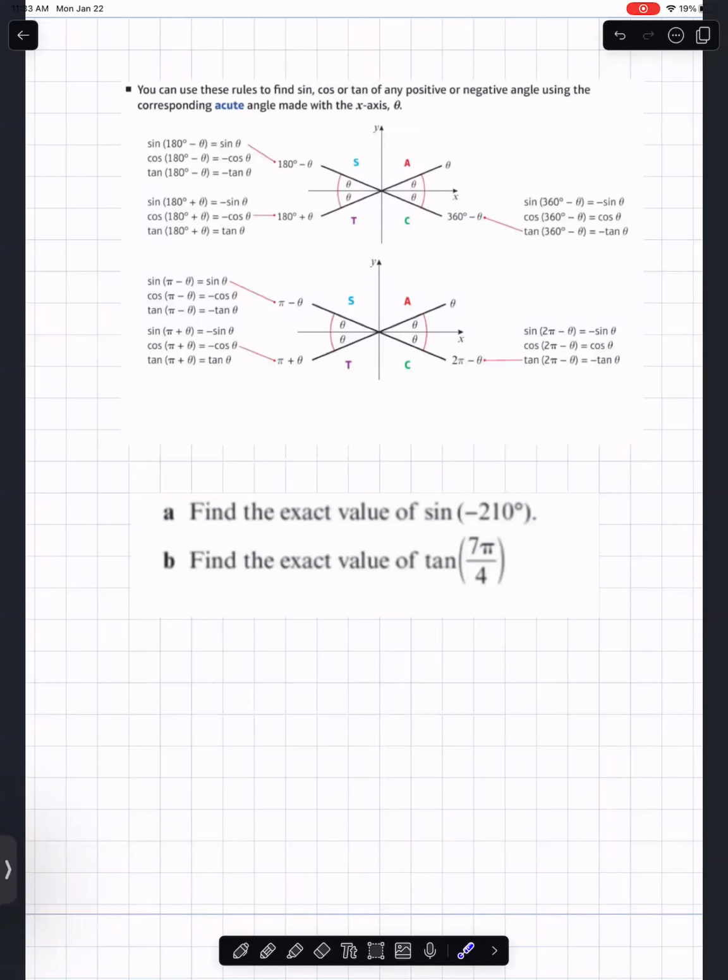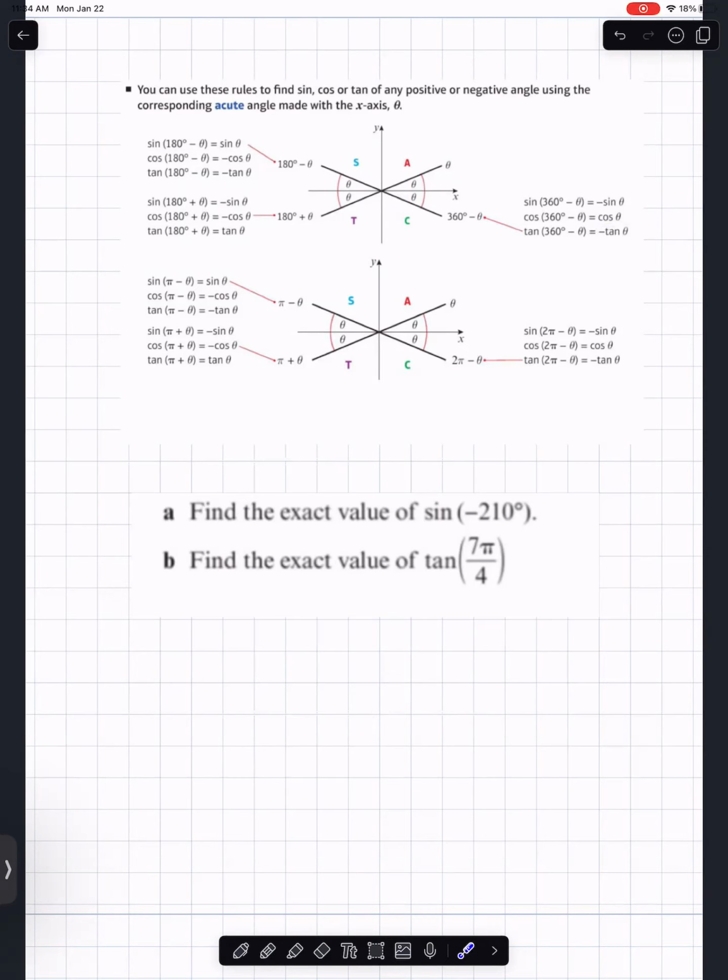Then when we move to the fourth quadrant, which is cos, we have sine of 360 minus theta. Sine is what? The negative side. Then cos of 360 minus theta gives us what? A positive cos theta, because cos is the only positive one in this quadrant. Then tan of 360 minus theta will give us a negative tan theta.